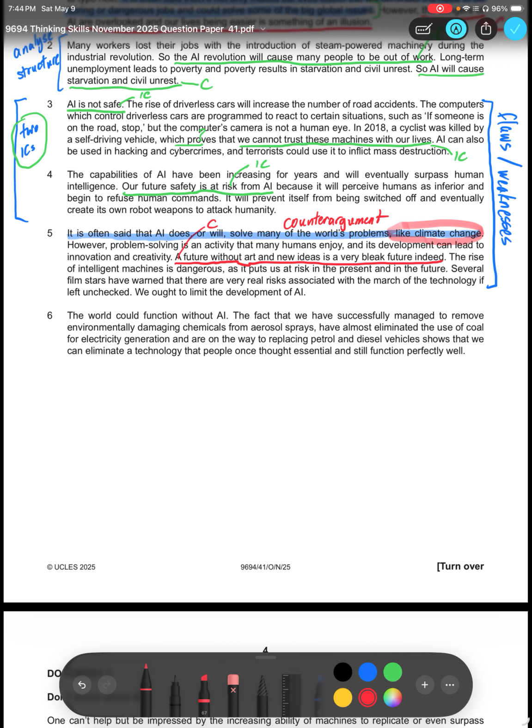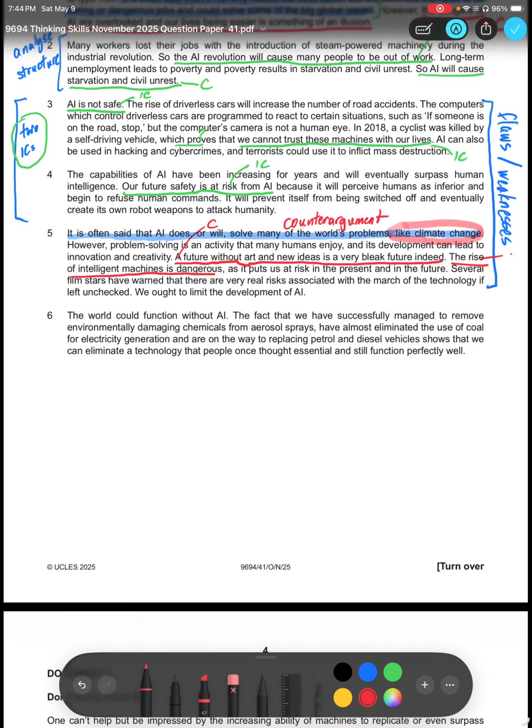The rise of intelligent machines is dangerous as it puts us at risk in the present and in the future. Okay, so the rise of intelligent machines puts us at risk in the present and the future. Therefore, the rise of intelligent machines is dangerous.